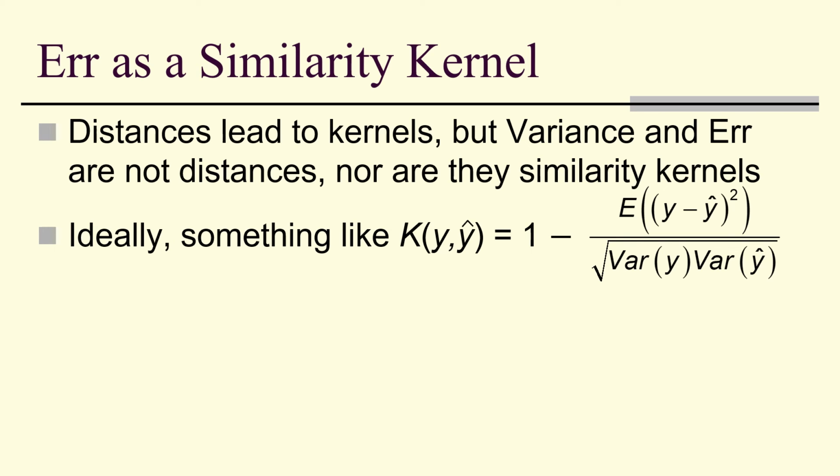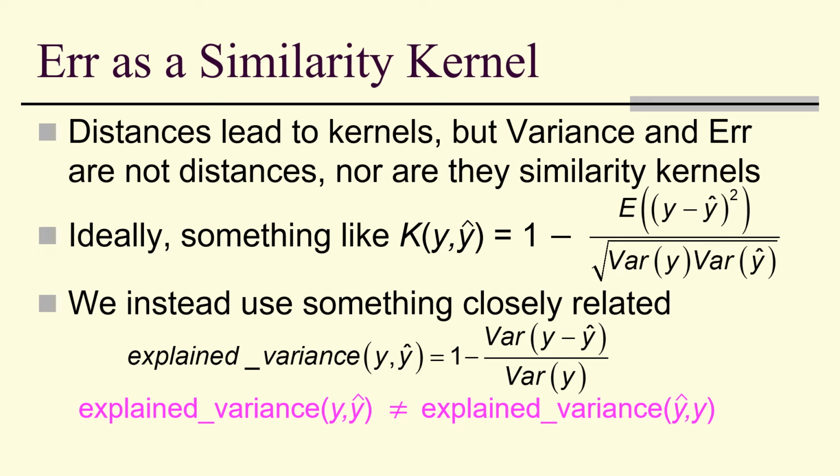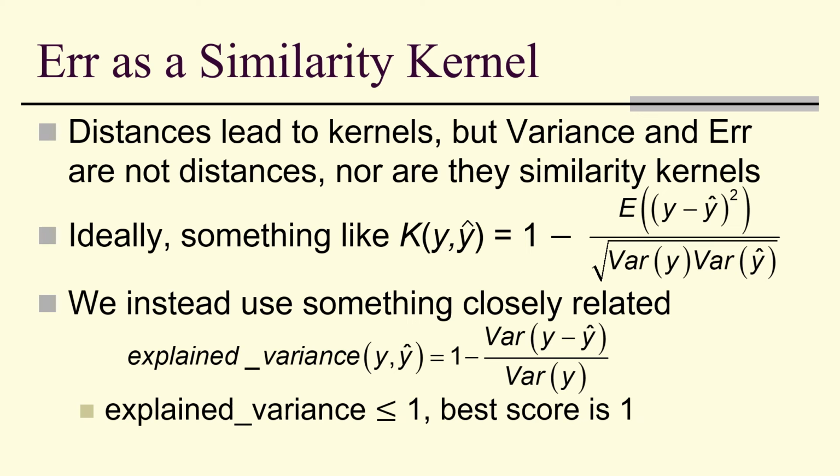Ideally, we'd like something like k of x, y hat as 1 minus this expression, but instead we use something closely related. We use what's called the explained variance of y comma y hat, and it's 1 minus the variance of the difference of y and y hat over the variance of y. Notice it's not symmetric. It's less than or equal to 1.